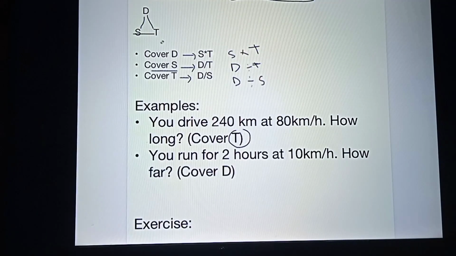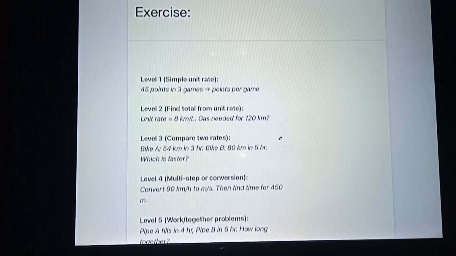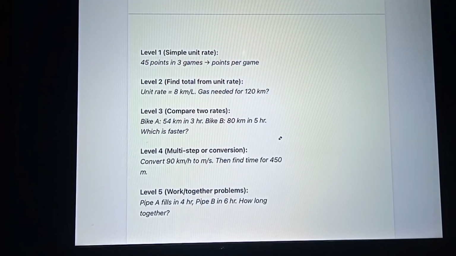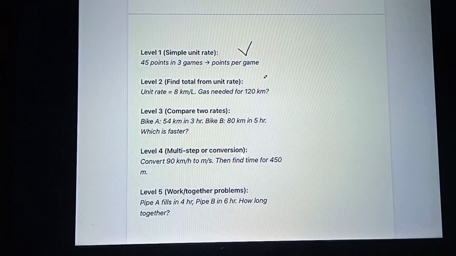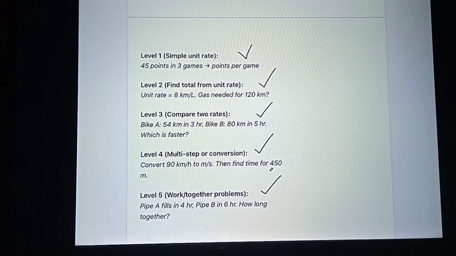By using this rate triangle, you can solve these examples. Now for rate, this is an exercise. This is the first question, the second, the third, the fourth, and the fifth question. So solve this exercise for calculating the rate.